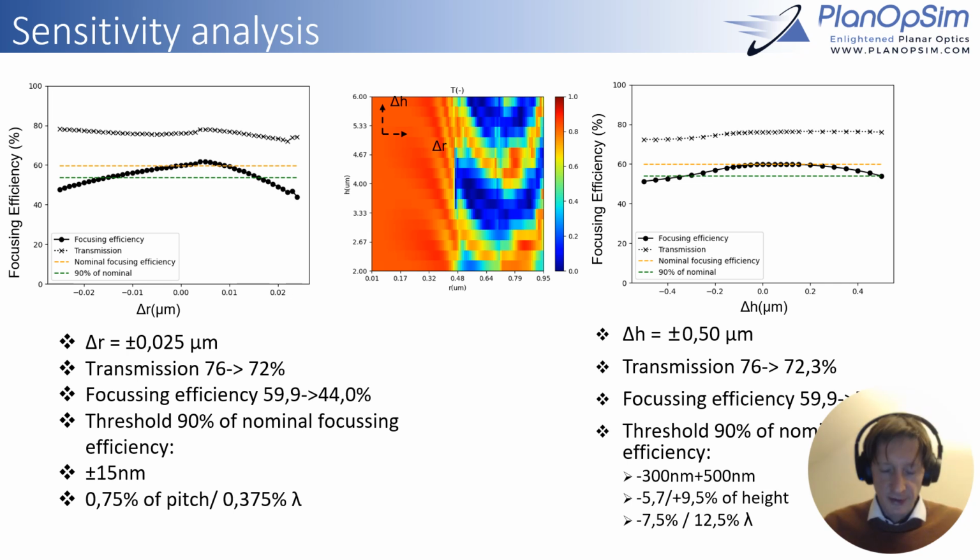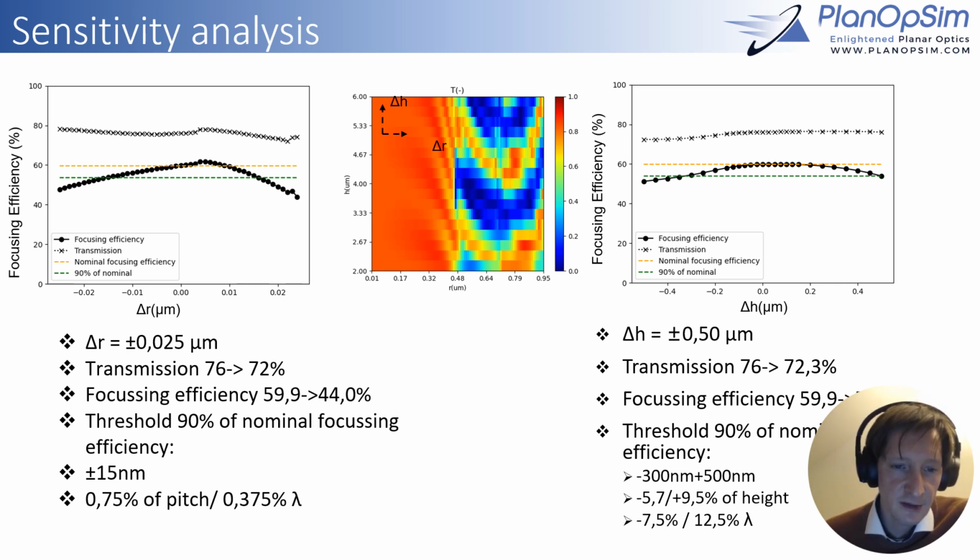So we take the nominal design and we purposefully introduce defects all over the meta surface to, for instance, here on the left, the size of the radius. The middle point here is the nominal condition, no change to any of the pillar sizes. But as we go left and right, we start to decrease or increase the size of the pillars. And we see that the transmission changes from, in this case, 76% to 72%.